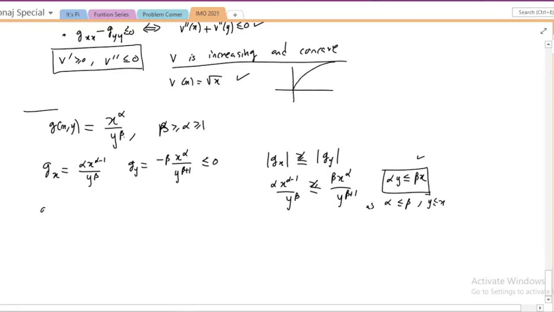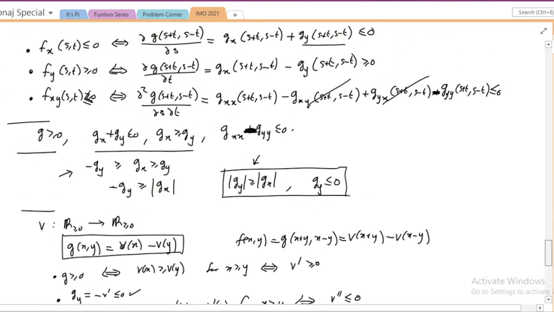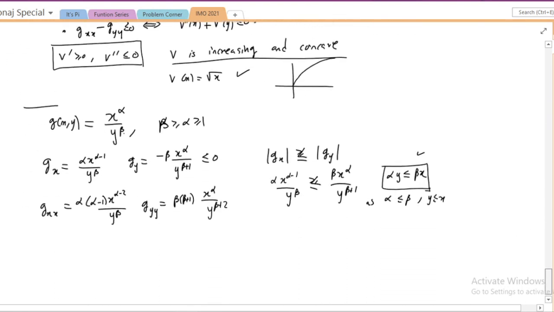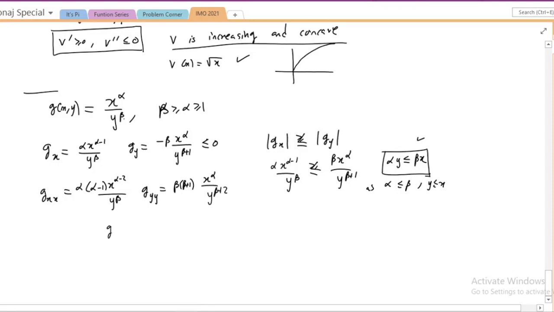Then finally we'll look at g double x. And g double y this time becomes positive again: x to the alpha, y to the beta plus 2. So just to confirm, we want to prove that g double x is less than or equal to g double y. So I want to confirm this, which is alpha minus 1.